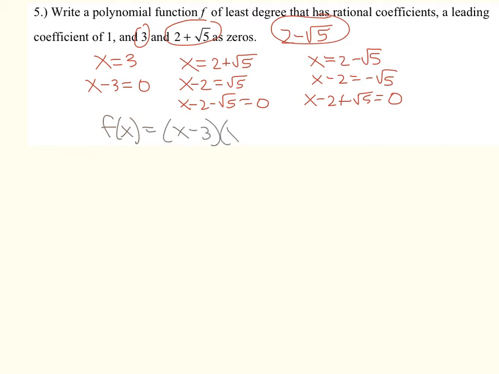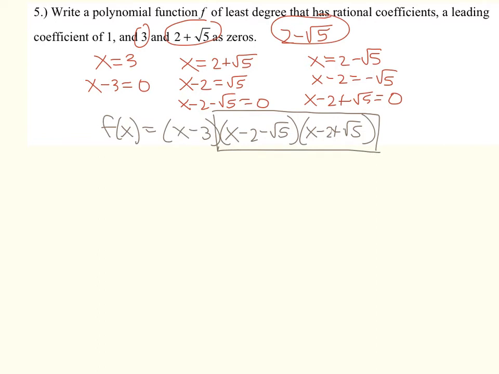So x minus 3 times x minus 2 minus the square root of 5 times x minus 2 plus the square root of 5. Now you can multiply in any order you want, but in this case you're going to find it easiest if you multiply out these two first to get rid of all of those crazy square roots.